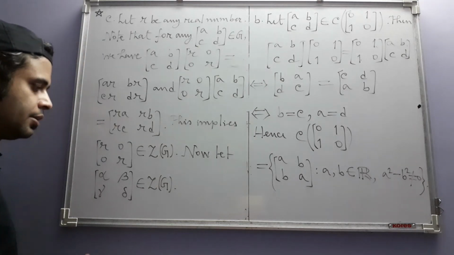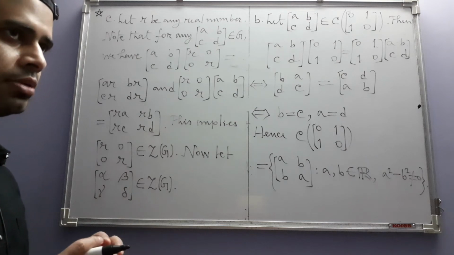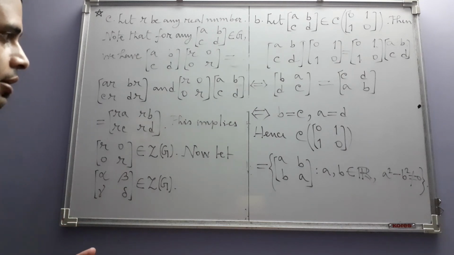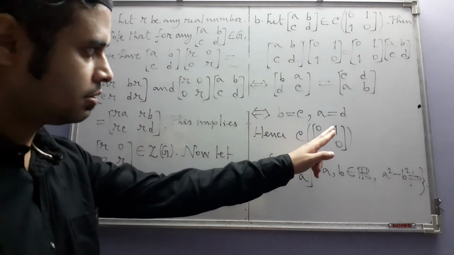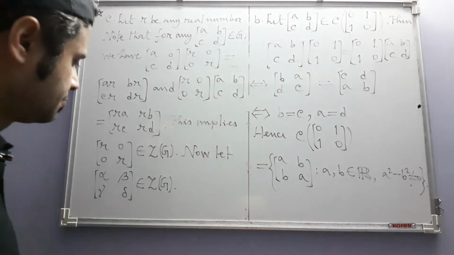Let us see. This belongs to the center means it commutes with every matrix in G. In particular, it commutes with this matrix and also that other matrix 1 1 1 0.